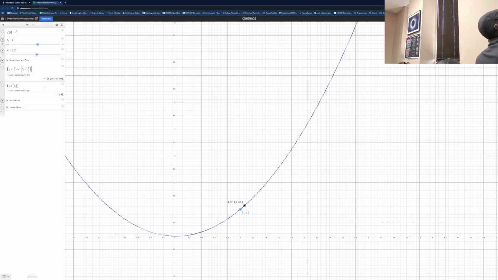So our slope would be 0.5 minus 1, so that would be the rise going from 1 to 0.5, since it's final minus initial, right?